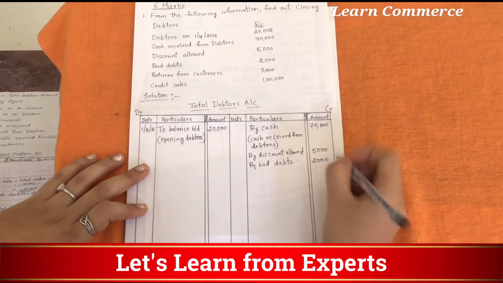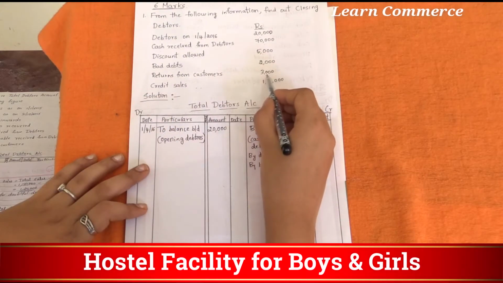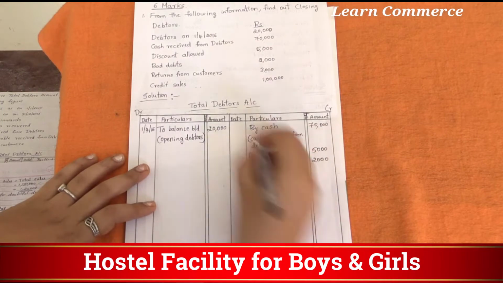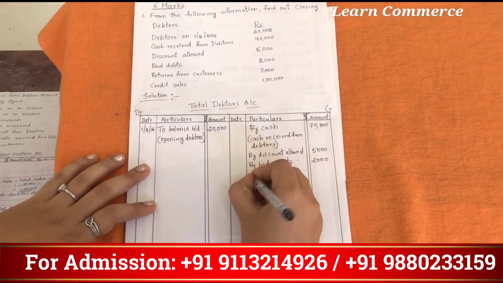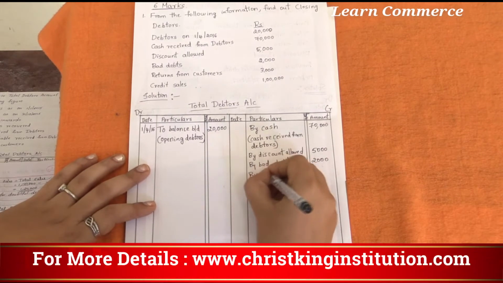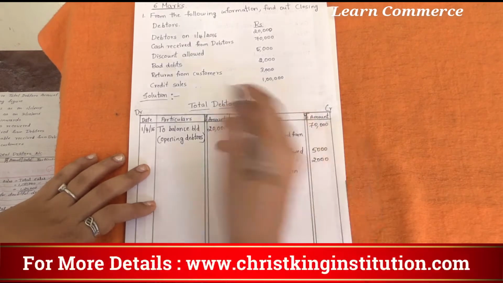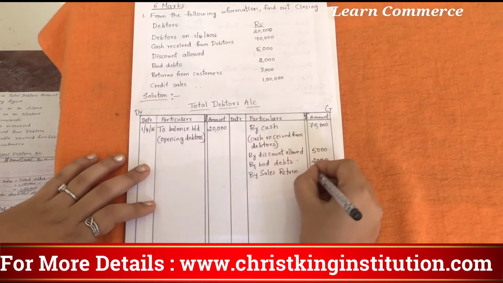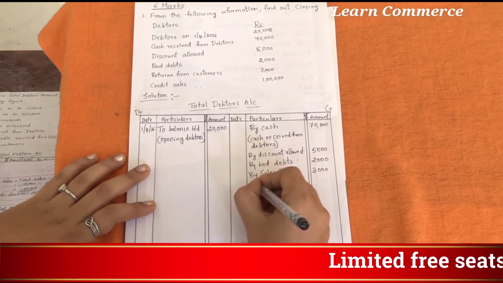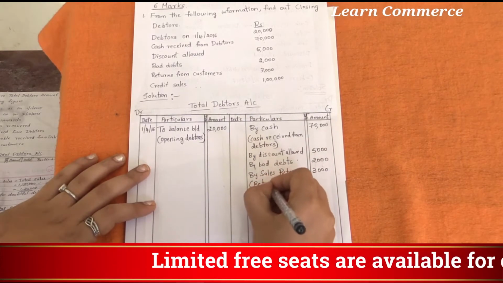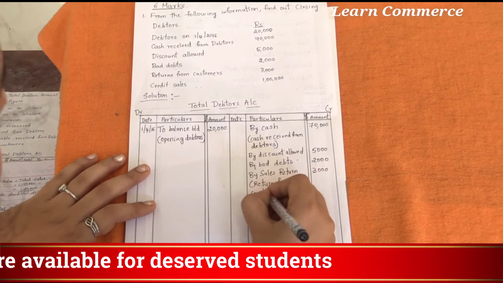Okay. Then return from customers 3,000. Return from customers 3,000 is nothing but sales return, that is by sales return. The amount is 3,000. In bracket write return from customers.